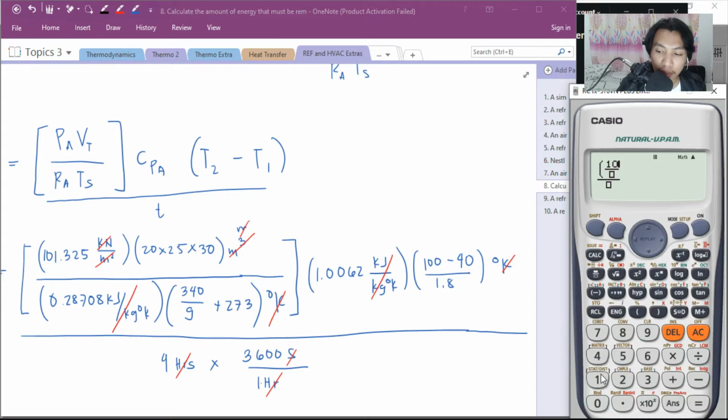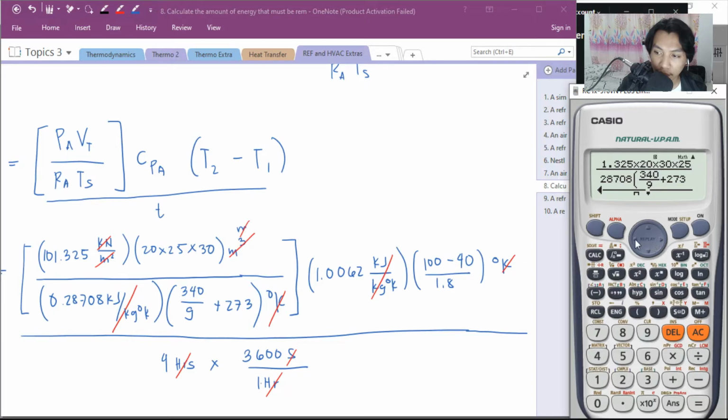So, 101.325 times 20 times 30 times 25 divide by 0.28708. Okay? Times 340 divide by 9 plus 273.